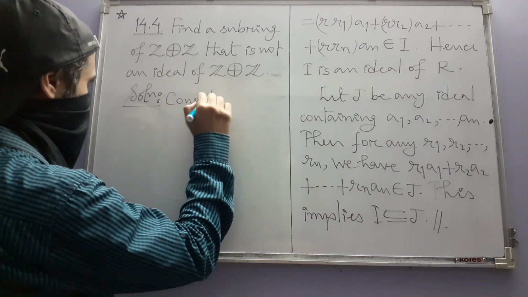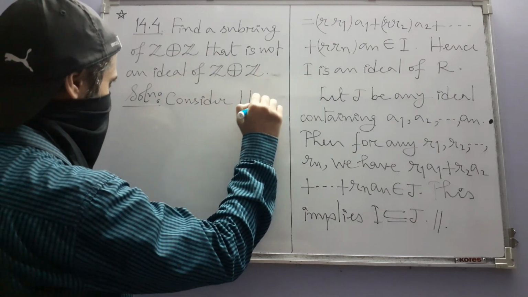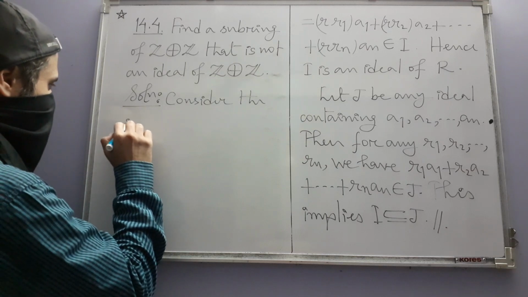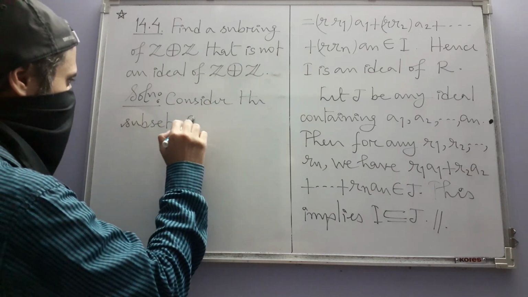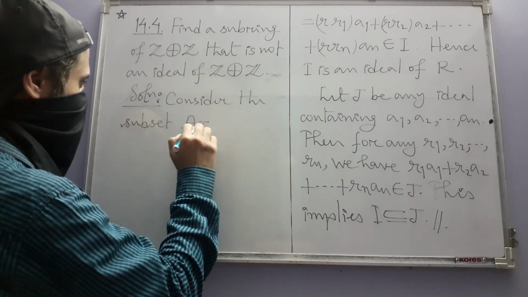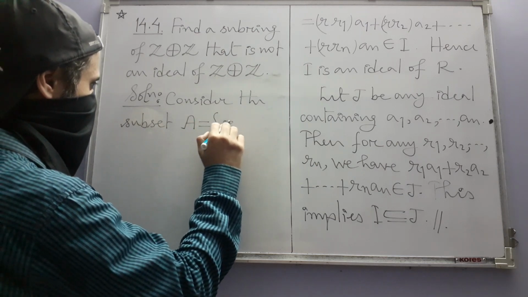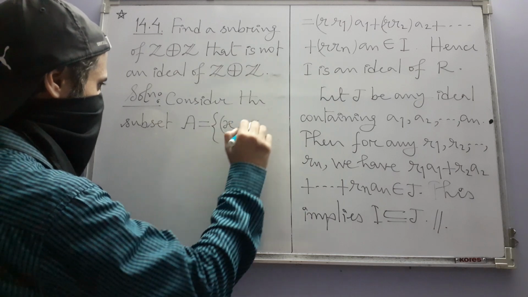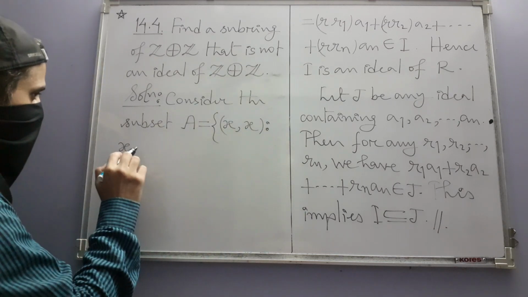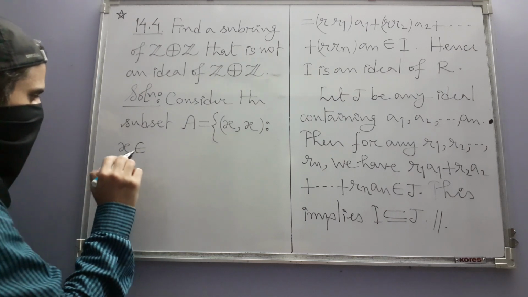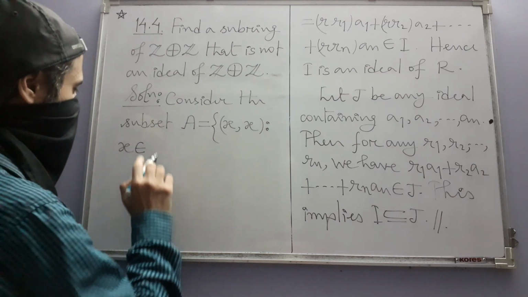Consider the subset A consisting of those ordered pairs of integers where the coordinates are the same.